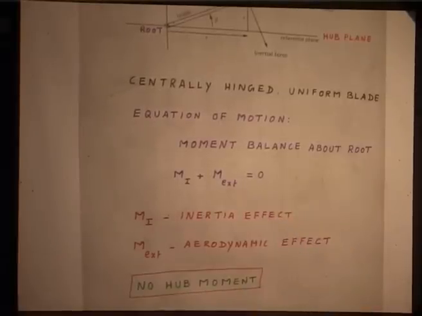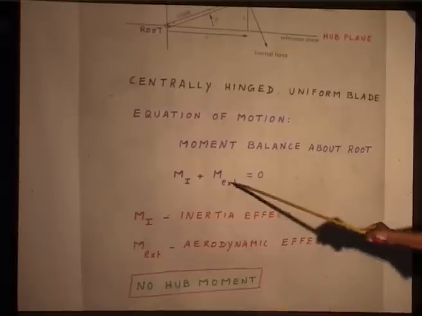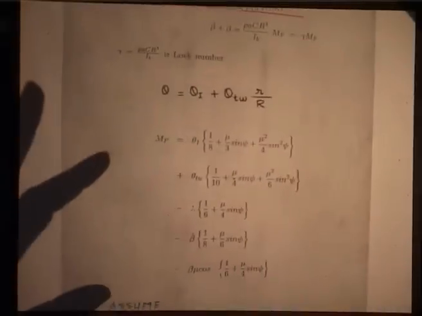No hub moment. I am not putting another spring here. If I put a spring, I will add that term here. That part will come later. Now, when I get the full equation, the equation is this. This is what I have written there.